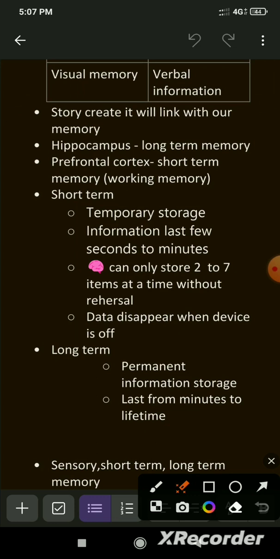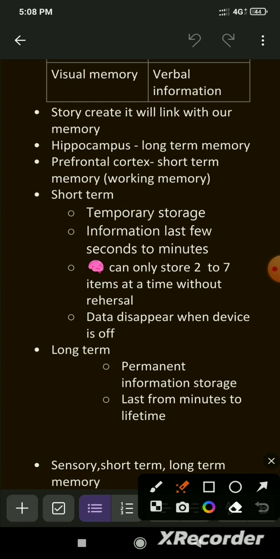In short-term memory, the data will automatically disappear, like when a device is turned off. In long-term memory, the information is permanently stored in the brain itself. That is the specialty of long-term memory, and it can last from a minute to a lifetime, varying from person to person.